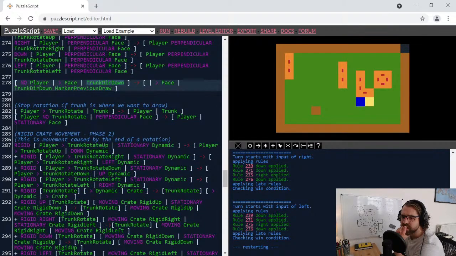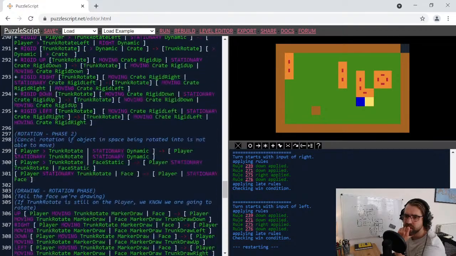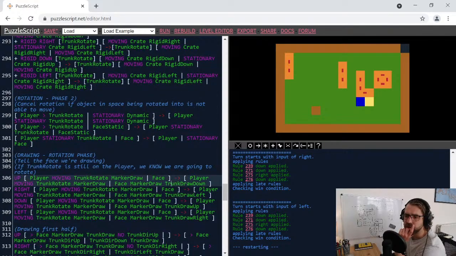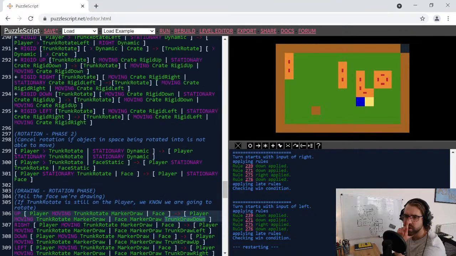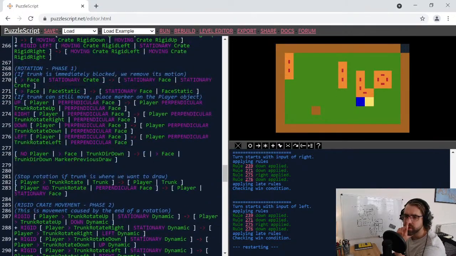What do we do here? When we do the drawing, what do we do? We do send out a trunk draw down, right? Okay.